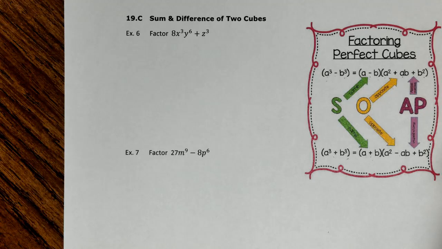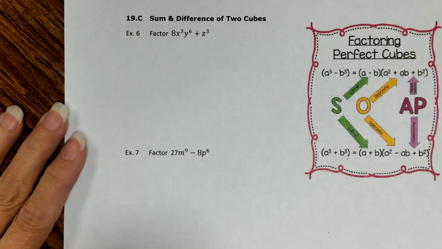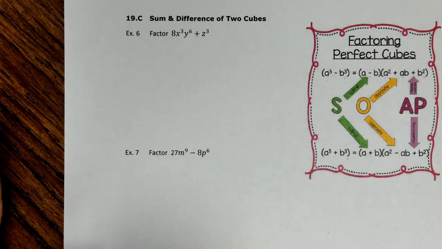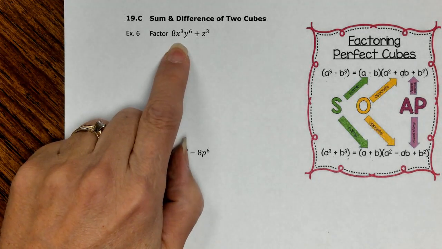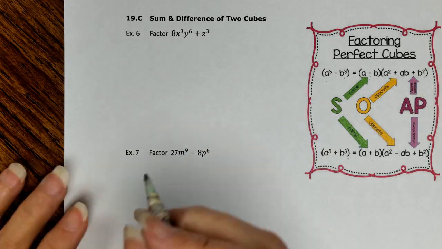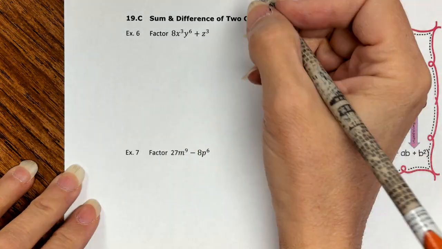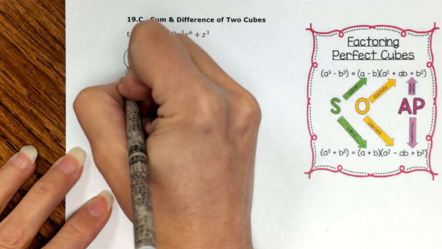So we're going to try them out. In example 6, we have this one. This is a sum. Okay. And you might first want to write down what is A and what is B, because this is A cubed, this is B cubed in our little formula. Okay. So my first term, I'm going to go ahead and put it here because they go directly into the parentheses.